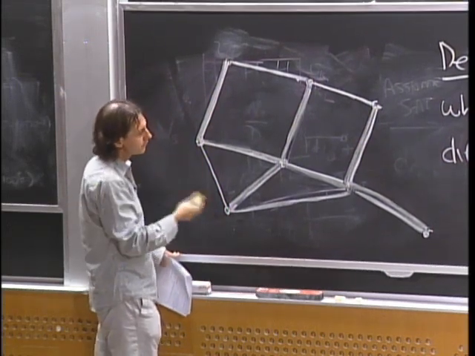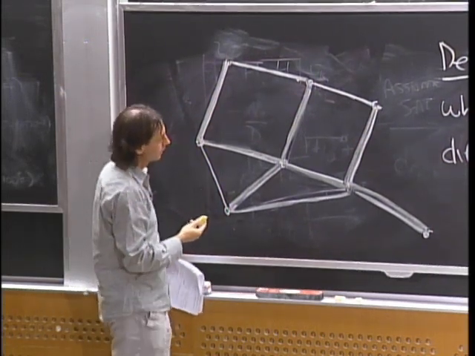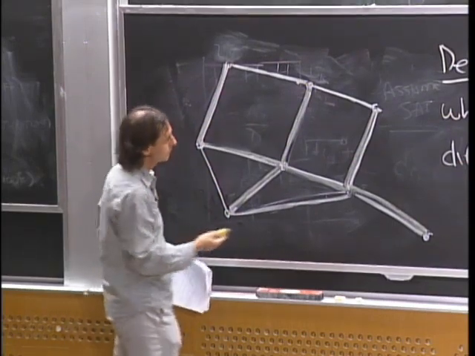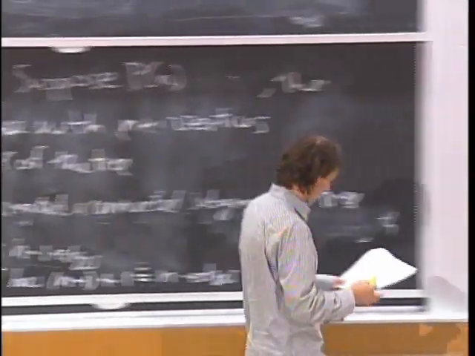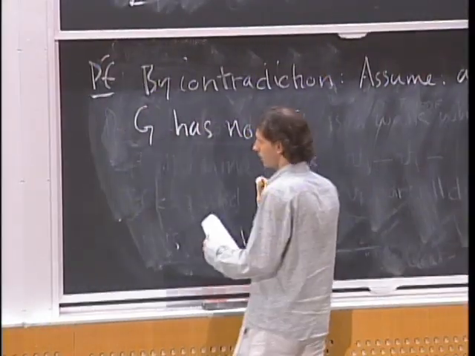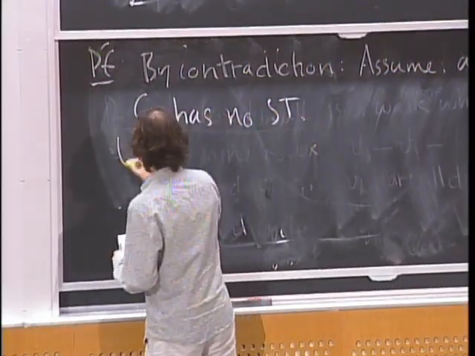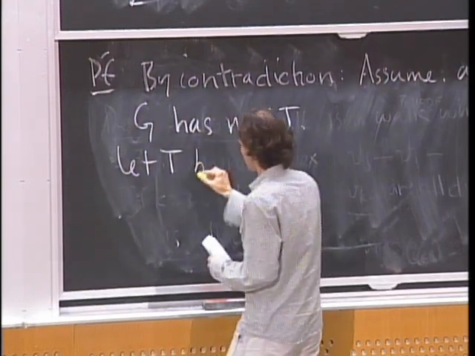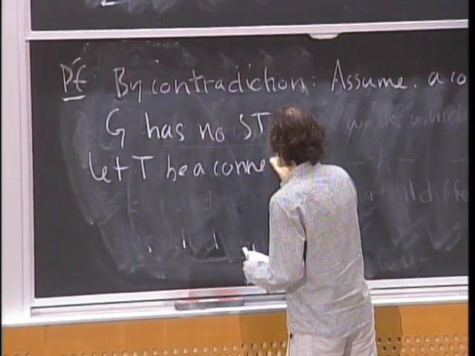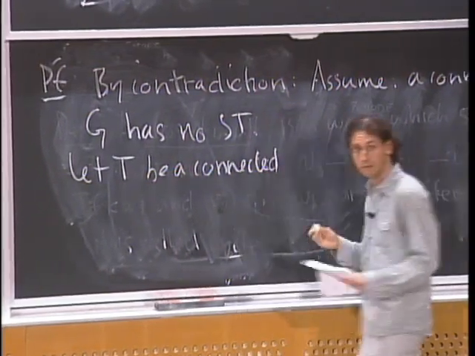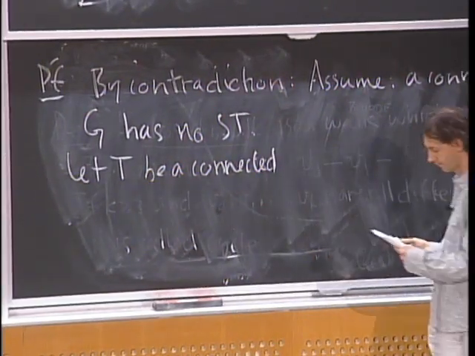So maybe we have an idea here, and maybe we can use this. So maybe we can say, let T be a connected subgraph of G, but with the property that it has a minimum number of edges.